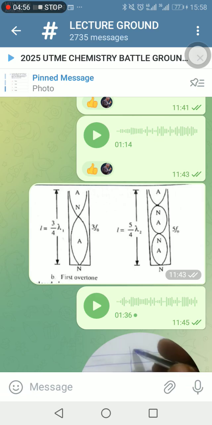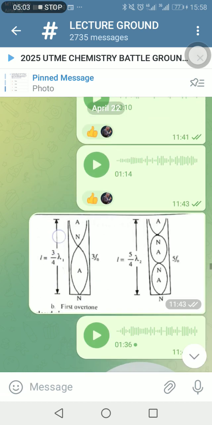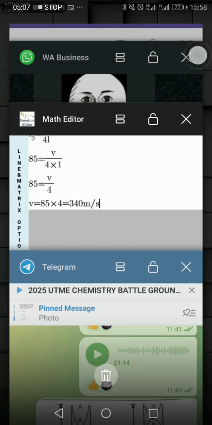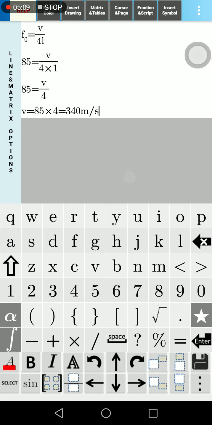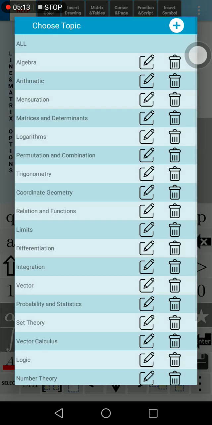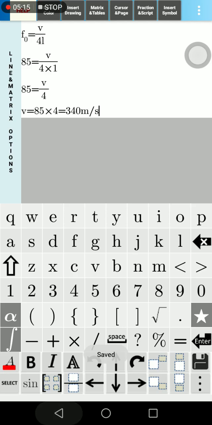You see this one is L equals 5 over 4 wavelength 2, that's the wavelength in the second overtone. So we're using L equals 3 over 4 lambda 1. Do you understand? So that's what I'm using there. Let me save this particular question. Saved. All right, go back.